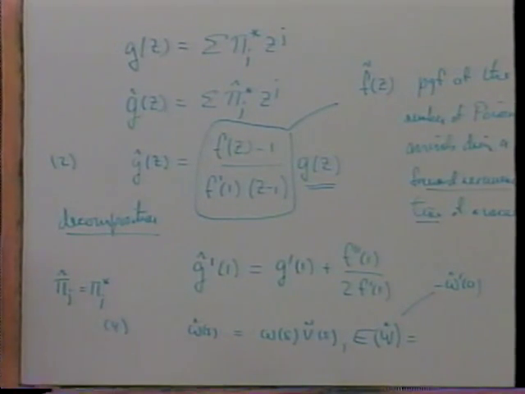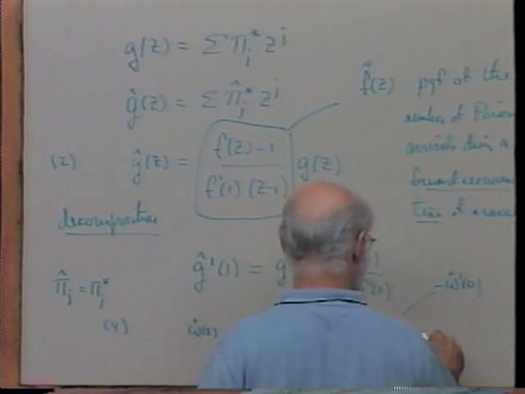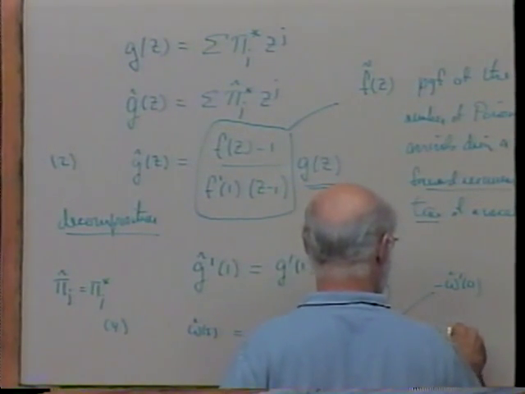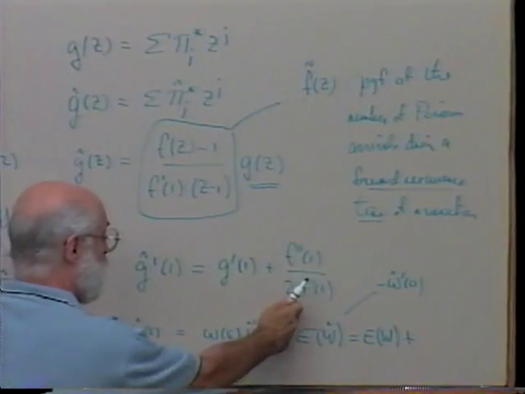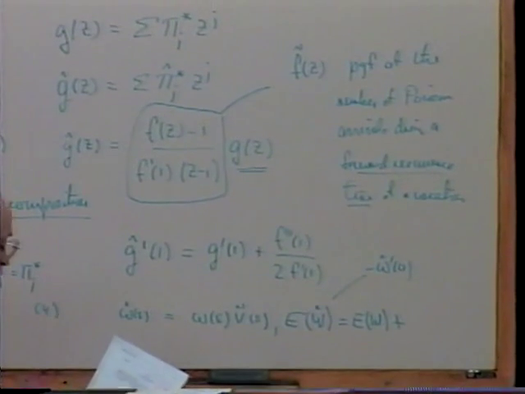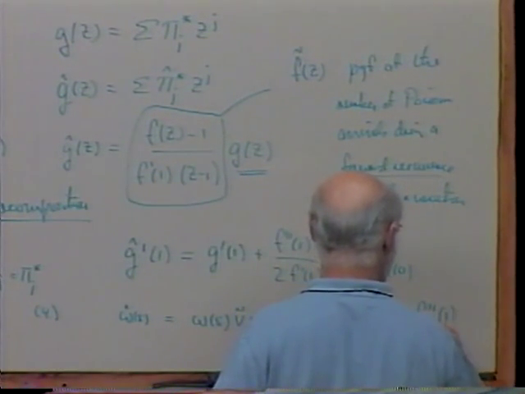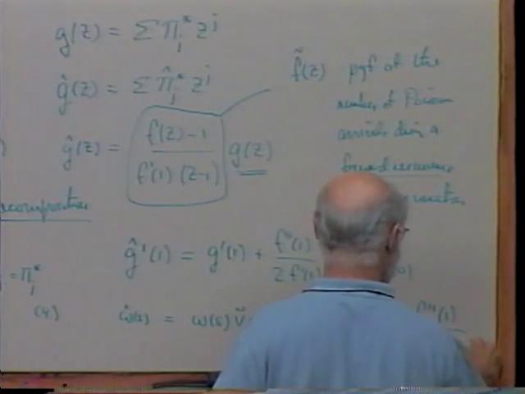So when I differentiate through this, I get the expected waiting time in the ordinary M/G/1, and then this piece over here, which is exactly f double prime of 1 divided by 2 lambda f prime of 1.